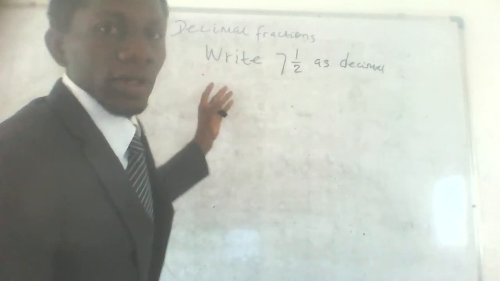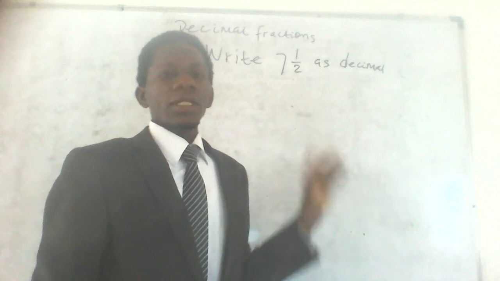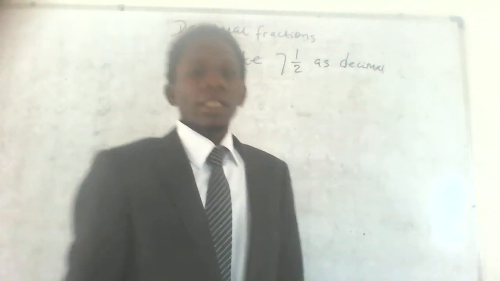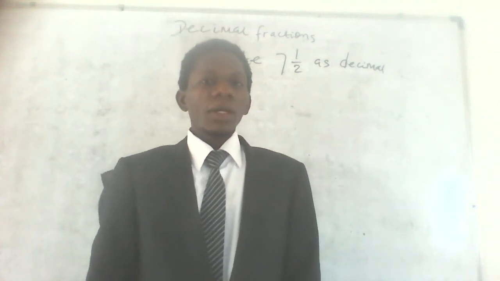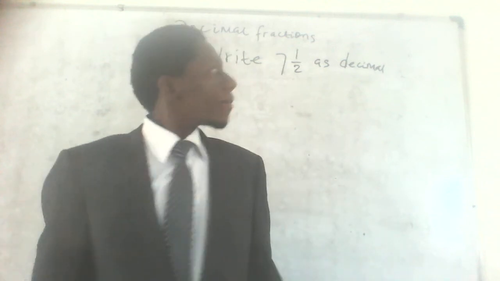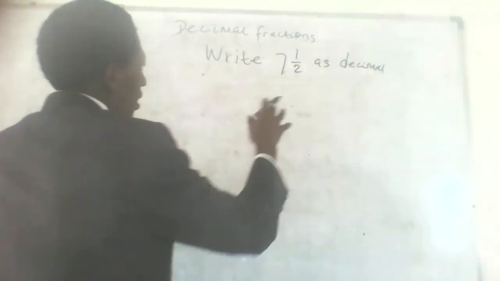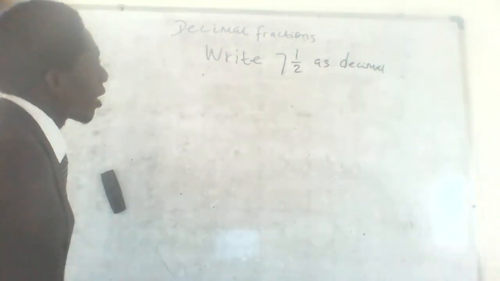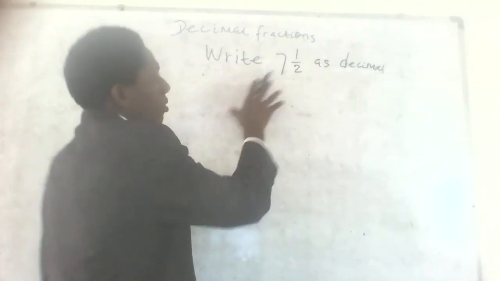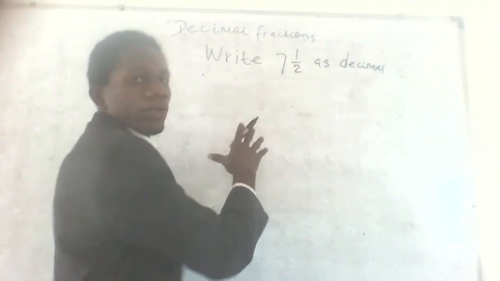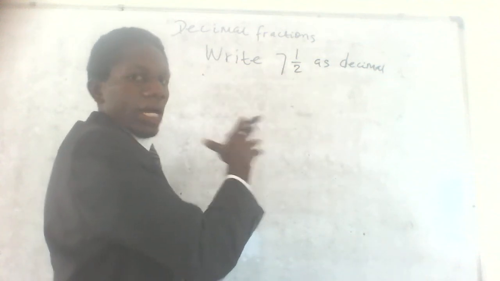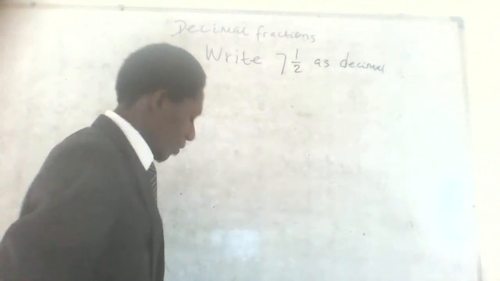How do you write 7.5 as a decimal? Well, I can do this in my own way, but there are also other ways of doing this, where I am going to show you all of them.